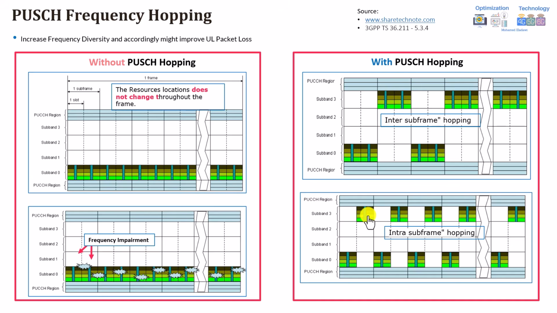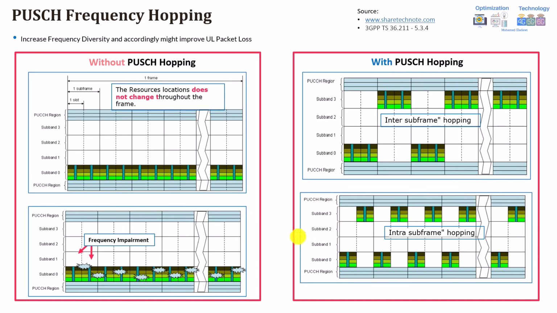But this cannot fully mitigate such issues, because you are not guaranteed a clean band whenever you do frequency hopping, right? This is not frequency selective. Frequency selective, if you remember, we discussed before, selects the location of the resource blocks based on quality, correct?